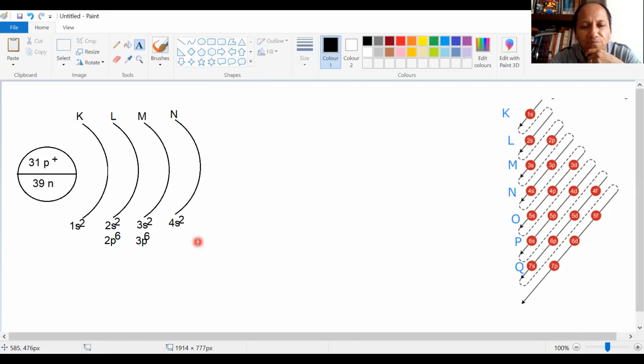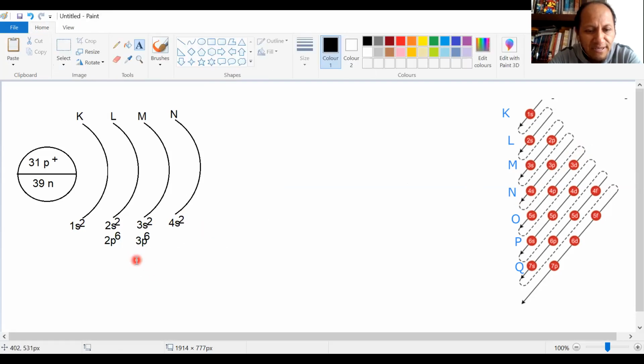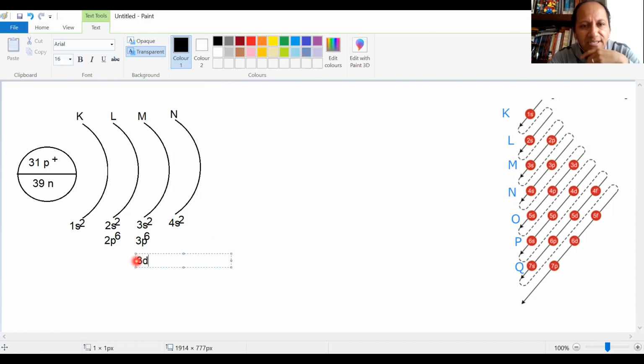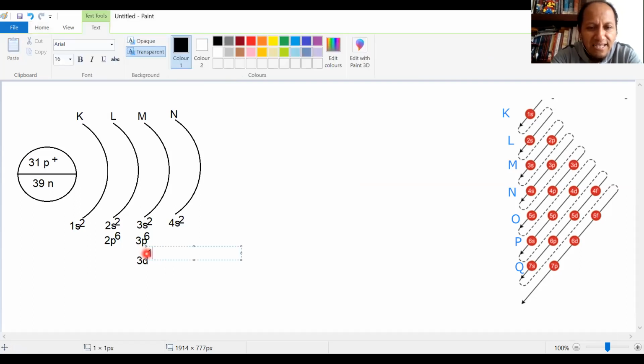Then follow the arrow, and then you go back, and it says go back to 3d. Not the 4, but it says 3. So go back to the third, the previous level of energy, and it says 3d. And we know that the d is completely filled with exactly 10 electrons.